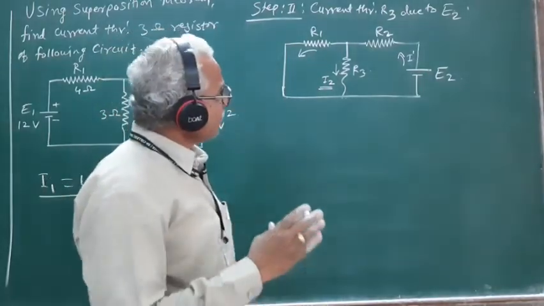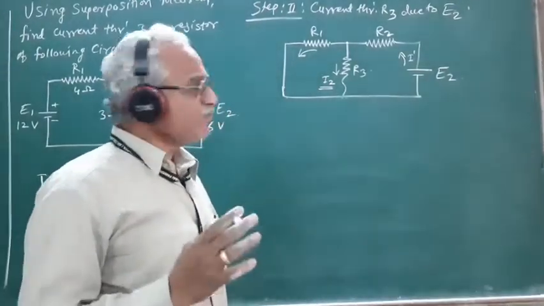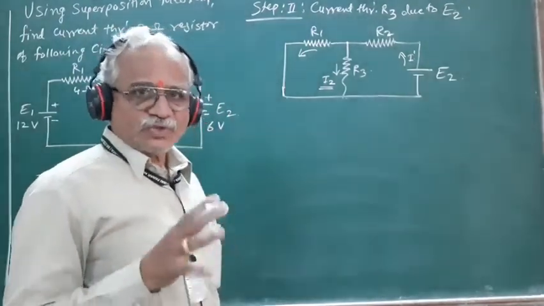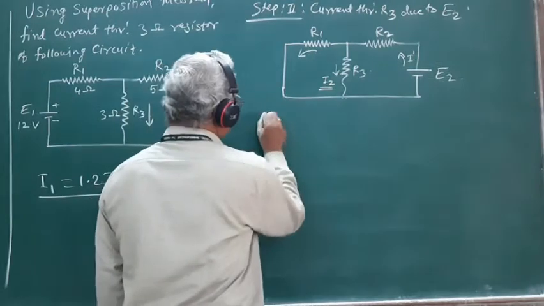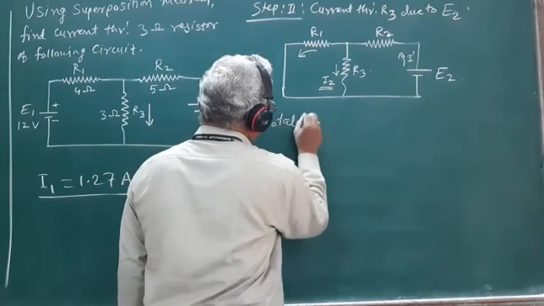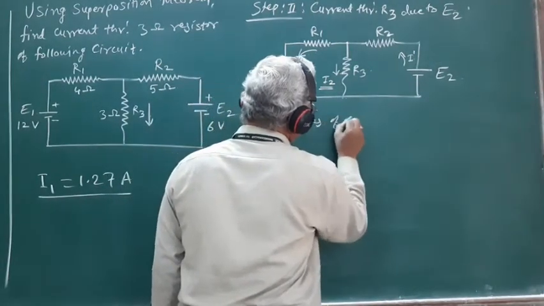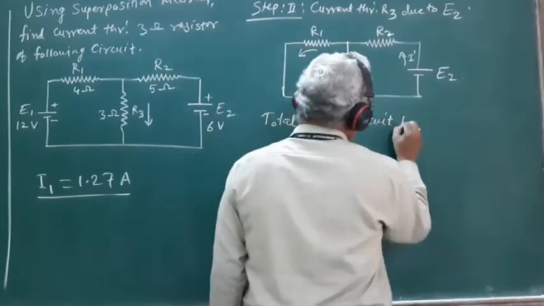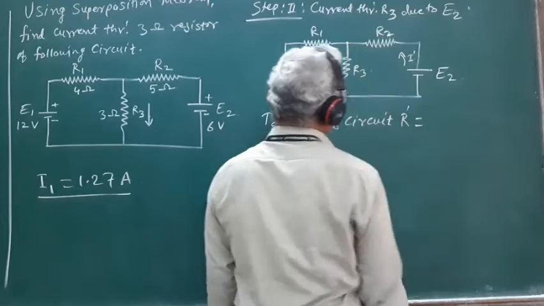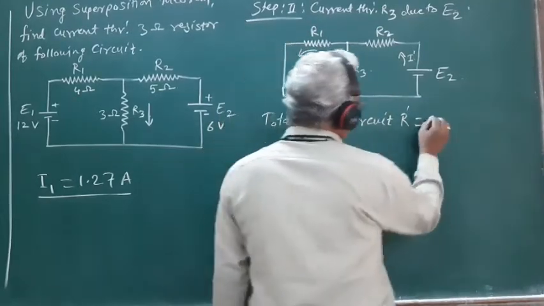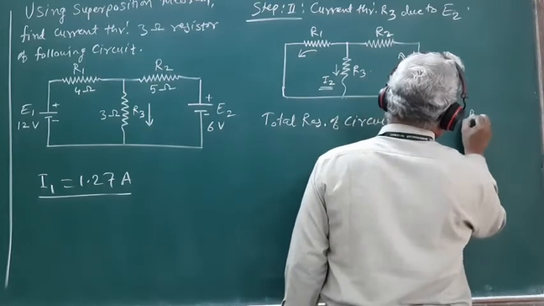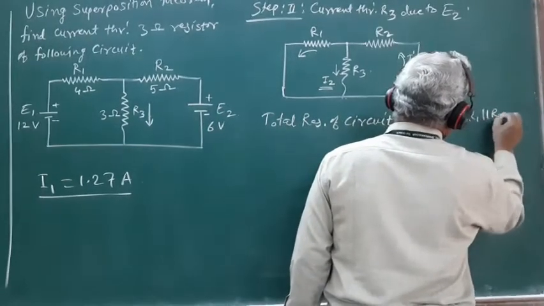And to find out the total current I prime sent by the source E2 in the circuit, we must first know the total resistance of the circuit. Say R prime is equal to R2 plus R1 parallel R3.